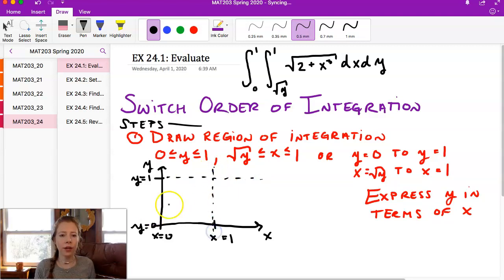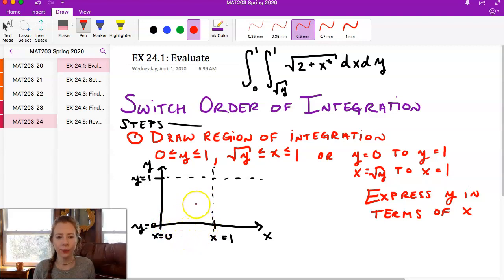So now let's look at what our region R looks like. Okay, so here's the thing. As far as y is concerned, we're saying that we're going from 0 to 1. Okay, so 0 to 1 on the y. And for x, we're going from the square root of y to 1.